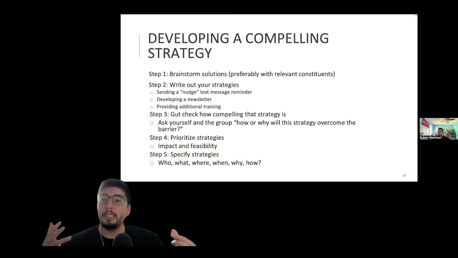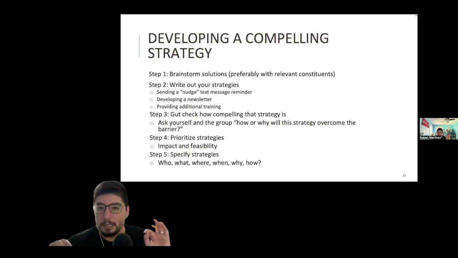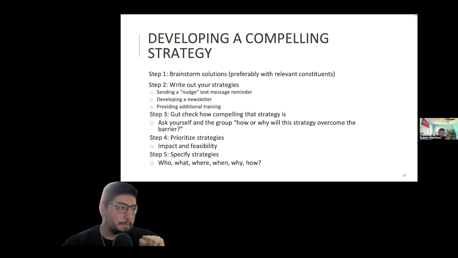And having a group discussion can really illuminate if we have a clear theory of change for how this thing will work, right? How will this strategy work to overcome the barrier? I'm not giving very specifics because I don't have a ton of time, but this is something I think is very, very important.